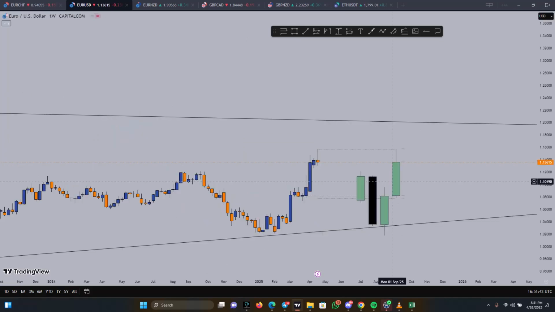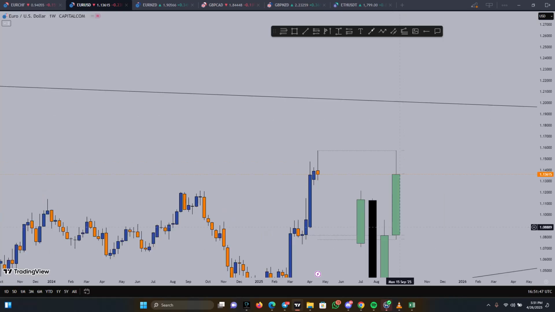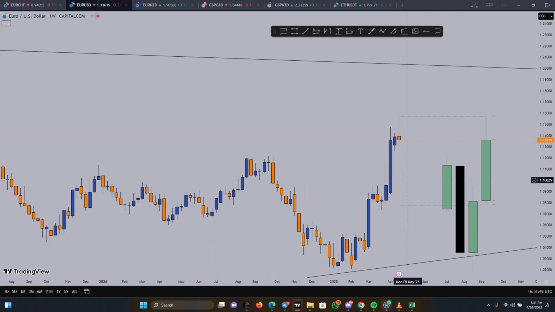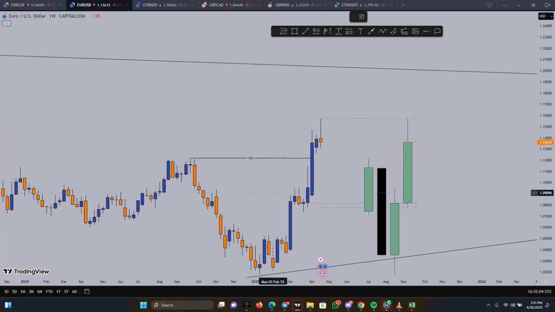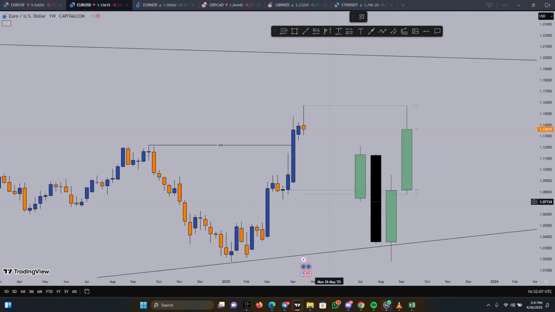So now in the weekly time frame, this is where I want to cook. The market has broken this structure. This is a very clean change of character, a market structure shift. Since we are getting that market structure shift, what do we see?